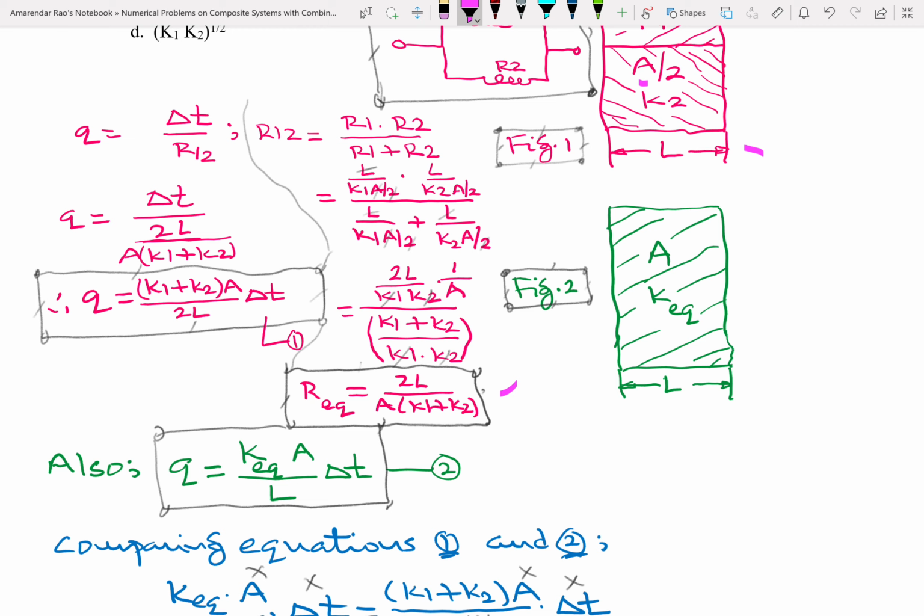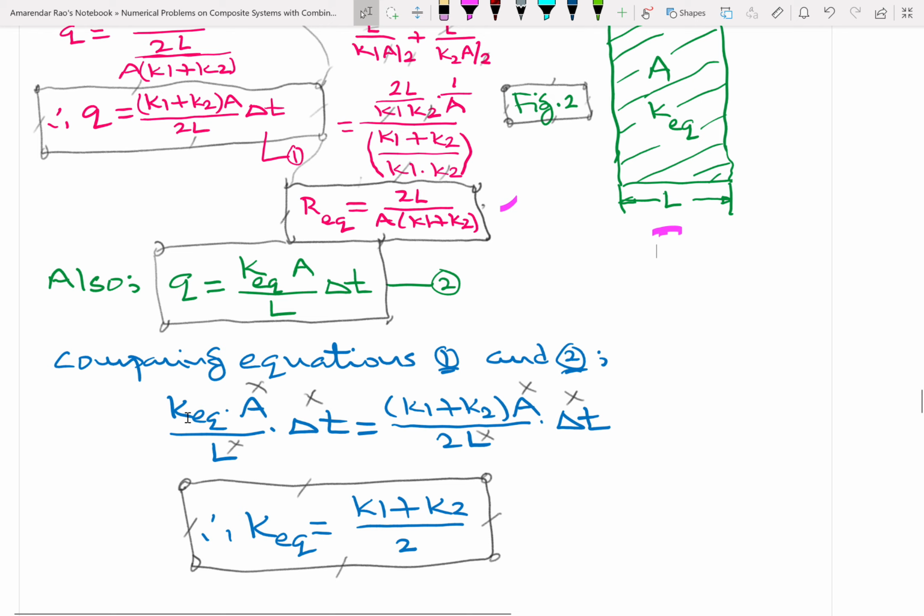Now we replace this by an equivalent mathematical wall, same thickness L, total area A by 2 plus A by 2, A. The material has a mathematical thermal conductivity K equivalent. For this wall, the heat transfer rate is given by K equivalent A by L delta T. Now we compare equations 1 and 2: K equivalent A by L delta T is equal to K1 plus K2 times A by 2L delta T. When you cancel all the common terms A, L, delta T, K equivalent is going to be K1 plus K2 by 2.